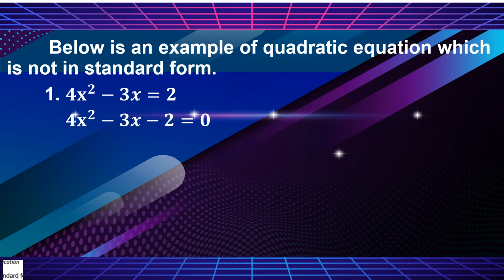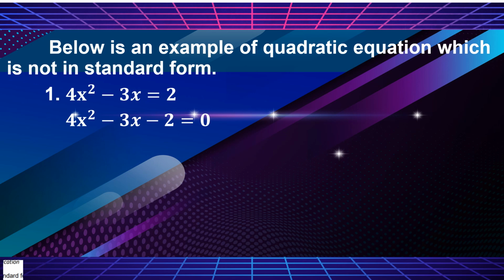So in writing it in standard form, the quadratic term should be written first. Next is the linear term. And lastly is the constant term. So the quadratic term should have an exponent 2, linear term exponent 1, and the constant term is the number alone.